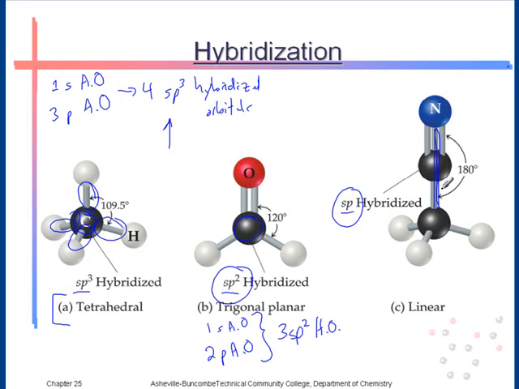A linear structure for a particular carbon atom is an sp hybridized orbital, and then look down here. We have a little bit more complicated molecule. It's not that much more. It's linear with respect to that carbon that's sp hybridized, and you can see the linear structure, 180-degree bond angle. But down here, this is actually an sp3 hybridized carbon.